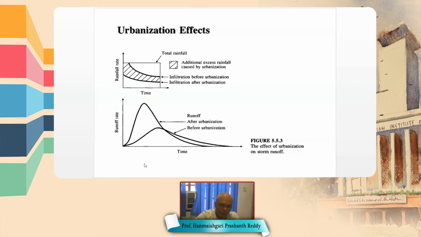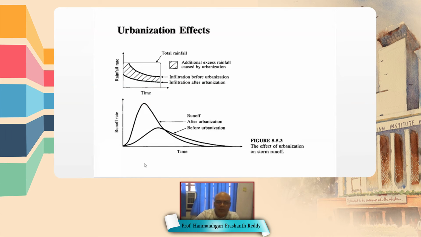In the first graph, which you have shown, additional excess rainfall caused by urbanization. Sir, because when we have urbanization, definitely there would be a decrease in the rainfall, right?